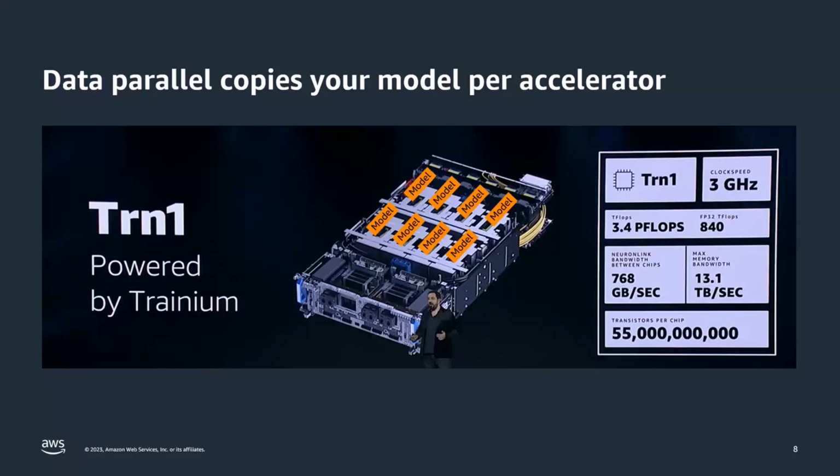In this picture, you can see there are 8 accelerators populated. All of these Trainium accelerators in a single instance are connected to each other. Data parallelism distributes data across multiple devices and copies the model per device.